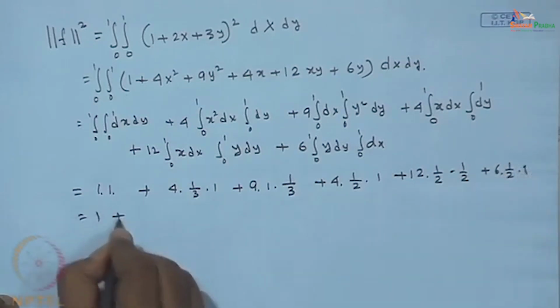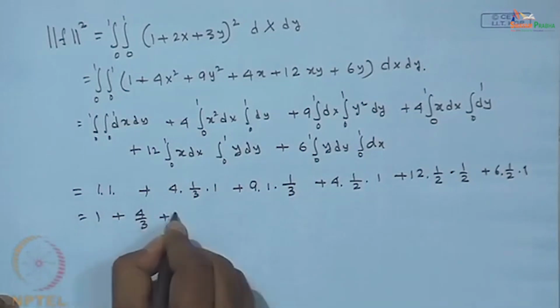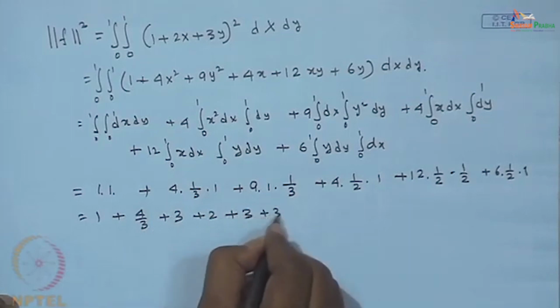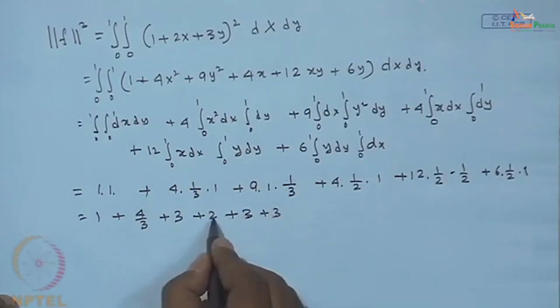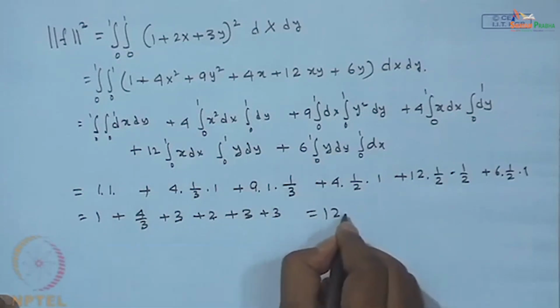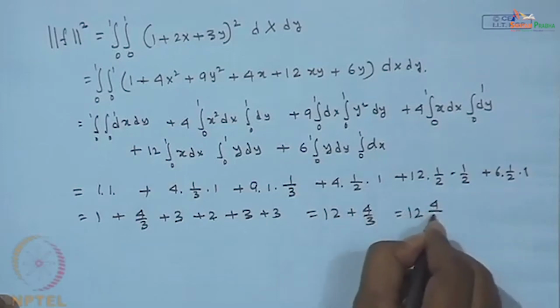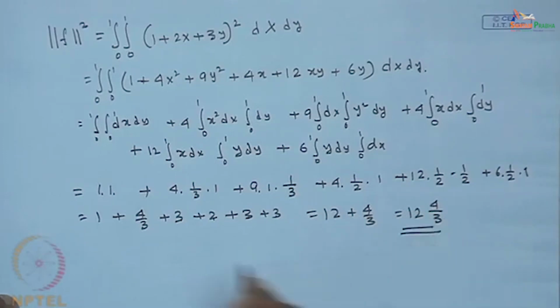So, you will get 1 plus 4 by 3 plus 3 plus 2 plus 3 plus 3, which is 12, plus 4 by 3. So, you will get 4 by 3 in the fraction. This is the norm squared of the continuous function f.